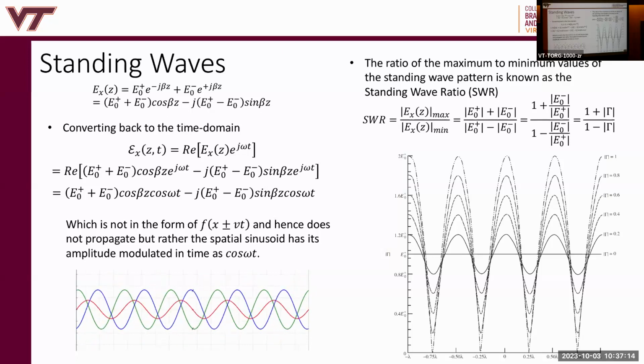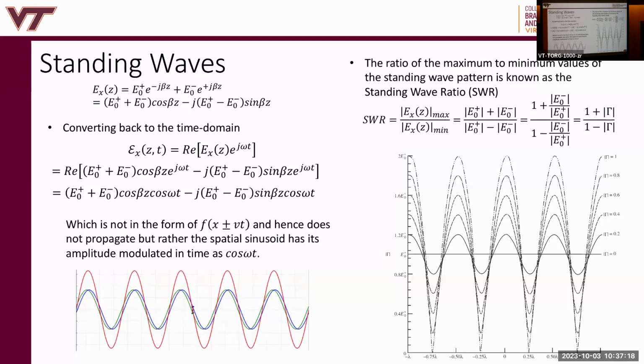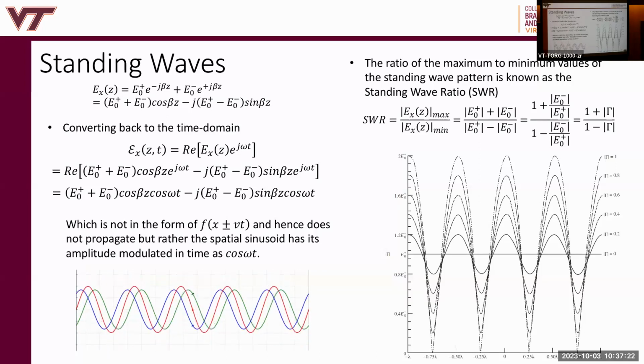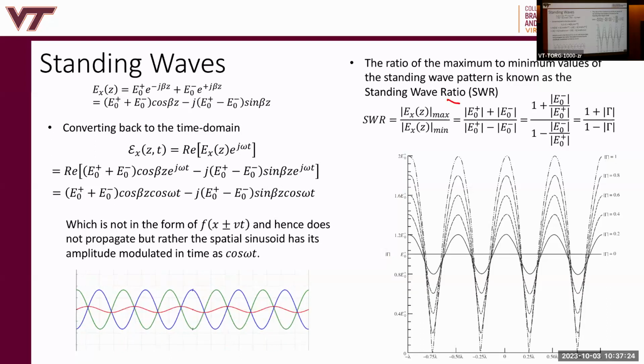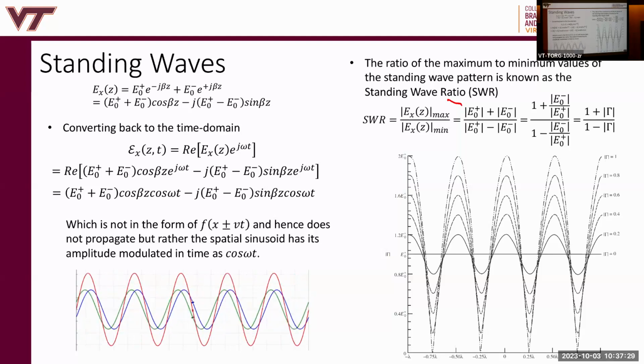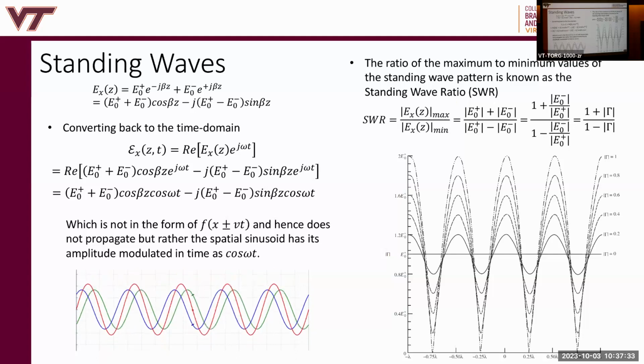Okay, let's get to the standing wave ratio. We calculated what the maximum and the minimum of the standing wave pattern was. Remember, E naught plus plus E naught minus for the maximum, and E naught plus minus E naught minus on the previous slide for the minimum.